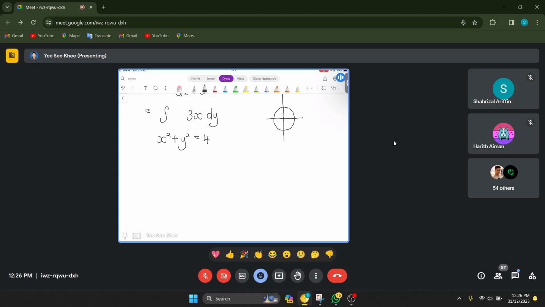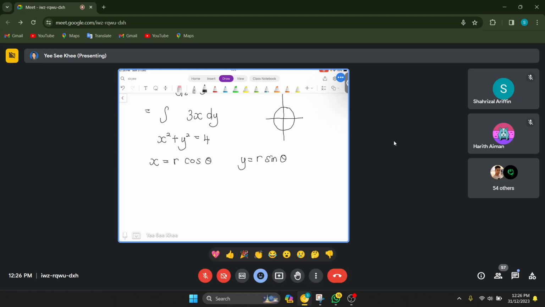It's your choice whether you assume x is r cos theta and y is r sine theta, or change it to x or to y. No problem.